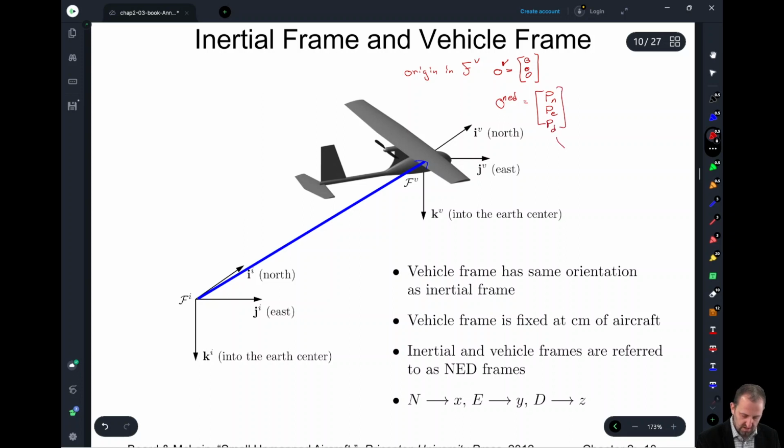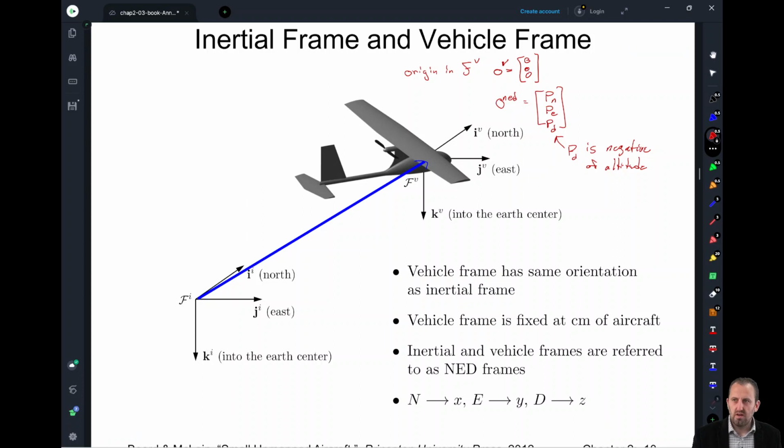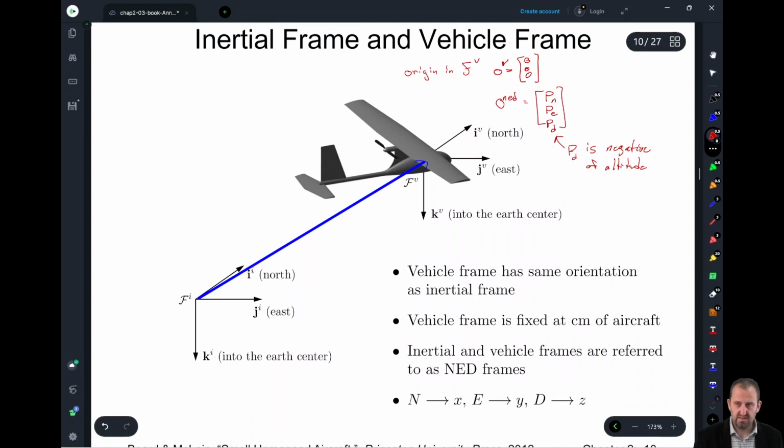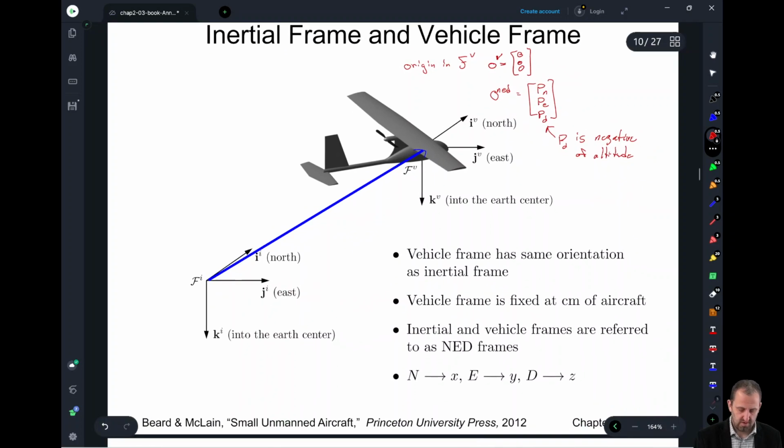And note that P sub D is the negative of altitude. So this is just a really simple translation of our coordinate frame.